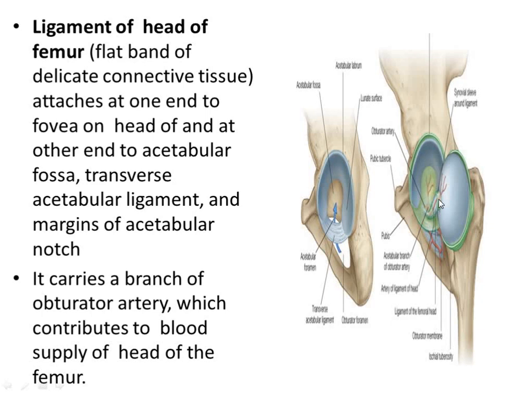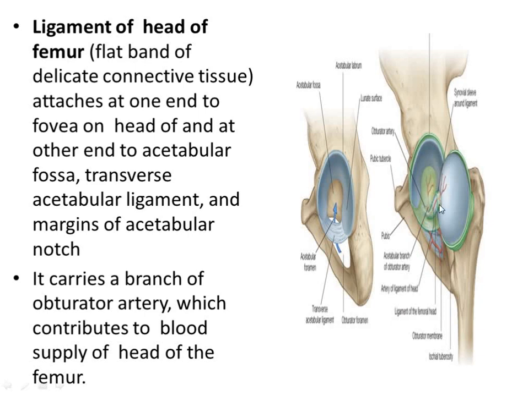So basically, this head of femur having this fovea in which this ligament is there, the ligament of head of femur attaches from this fovea to the transverse ligament to margins of this acetabular notch, thereby helping in further stabilizing the joint.